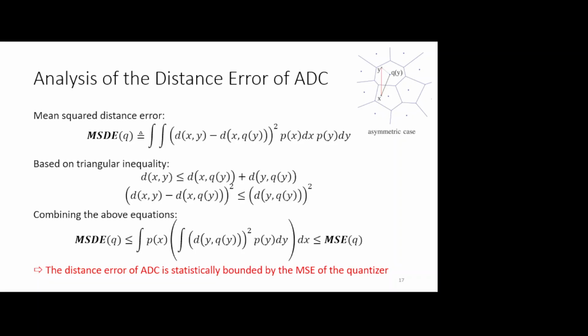So you should make your quantizer as good as possible, so that your calculation for ATC can also get a smaller distance error. Okay. Any problem?